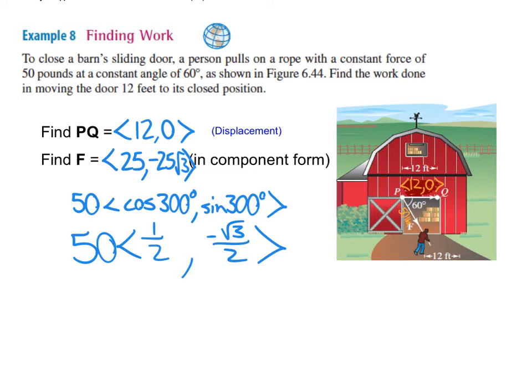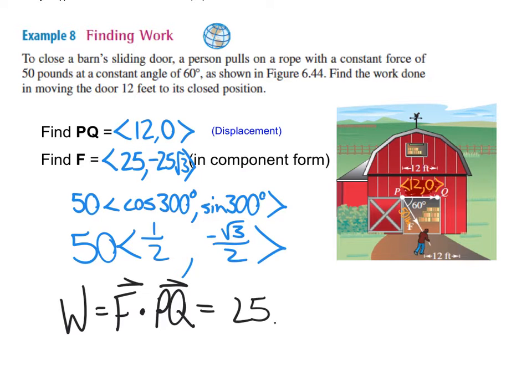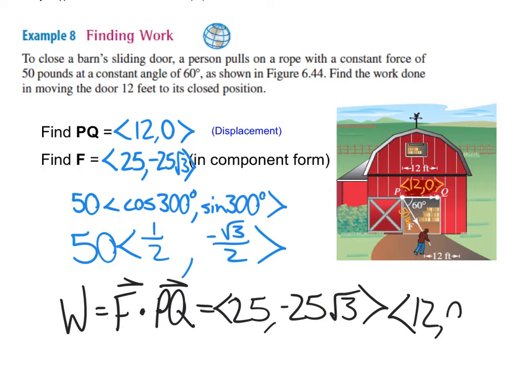Because now, to find work is the force vector dotted with the displacement vector. So force is 25, negative 25 root 3, and our displacement is 12, 0.